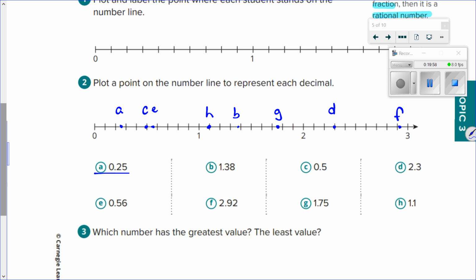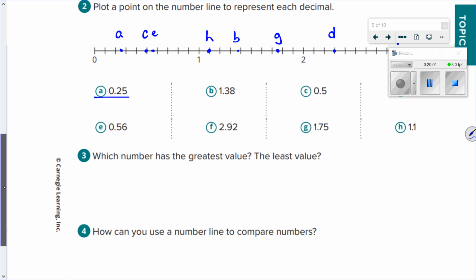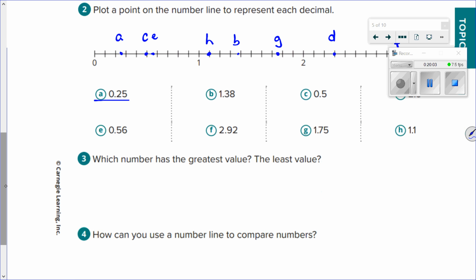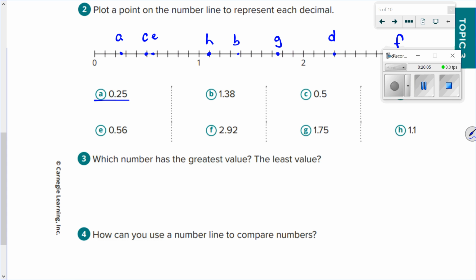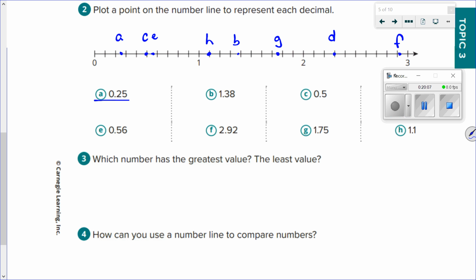So once we have the points plotted, this is actually a really good way for us to determine which points are smaller, which are larger. How do you tell on a number line which number has the greatest value? You're on the right track.